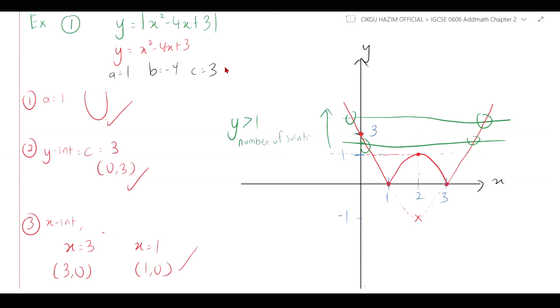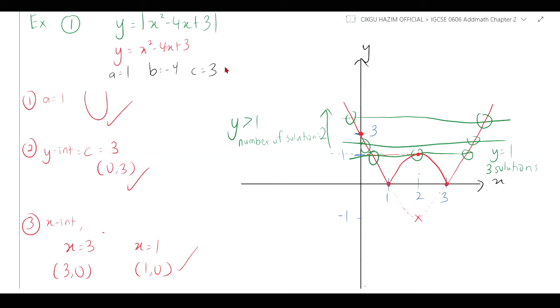Okay, so now you understand how many solutions we are going to have. How about if y is exactly at 1, which is this line here? You are going to see there are 3 intersecting points, so that is 3 solutions.